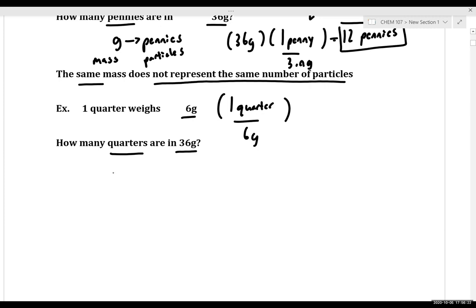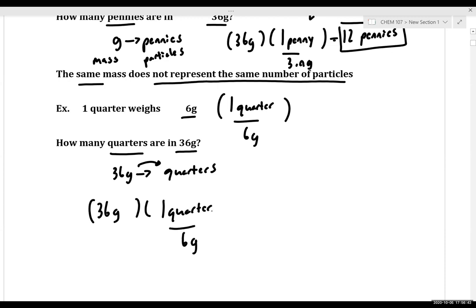How many quarters are in 36 grams? Just intuitive. 6, exactly. So to show this, if I'm going from grams to quarters, I put quarters on top. So I have 1 quarter per 6 grams, and that in turn gives us 6 quarters.